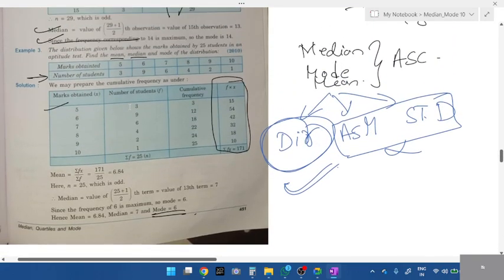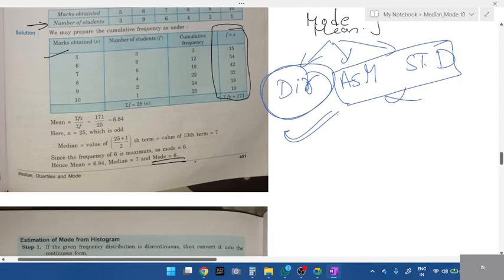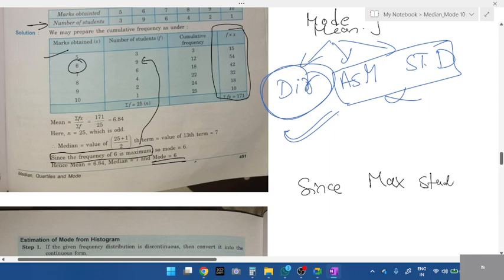Let me show how to write. Can you see here what is given? Since the frequency of 6 is maximum, look at the frequency which is maximum here, students. What is the highest value? 9, which means 6. Since the frequency of 6 is maximum, mode is 6. Or you can write in your own words.